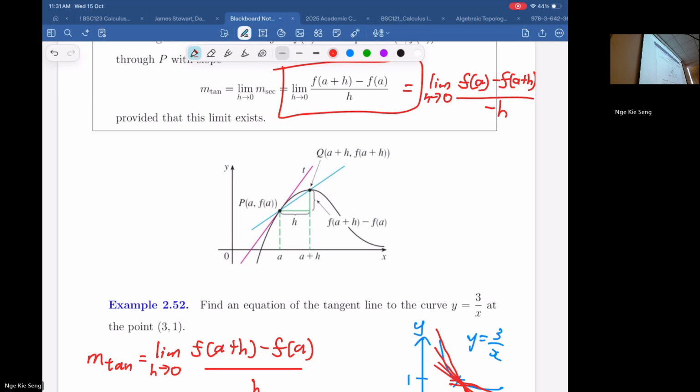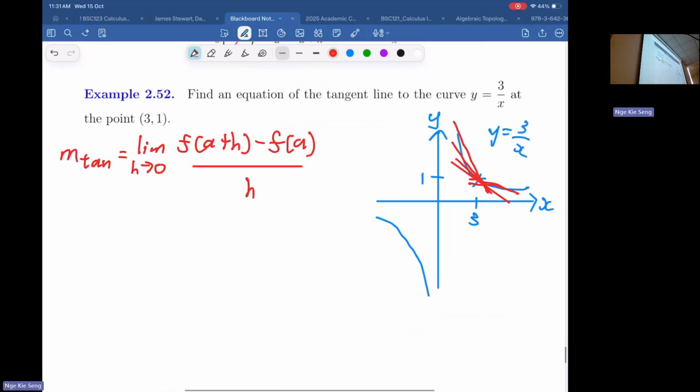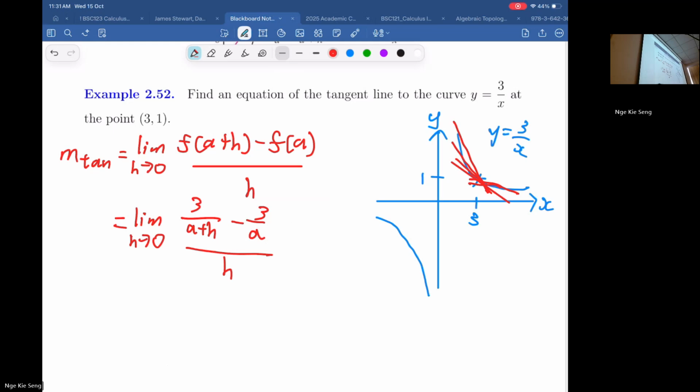So you know how to do this? You just substitute your f. First you substitute 3 over (a plus h), and then the second one, 3 over a, and the last one is h. Can we simplify this? What's my a?